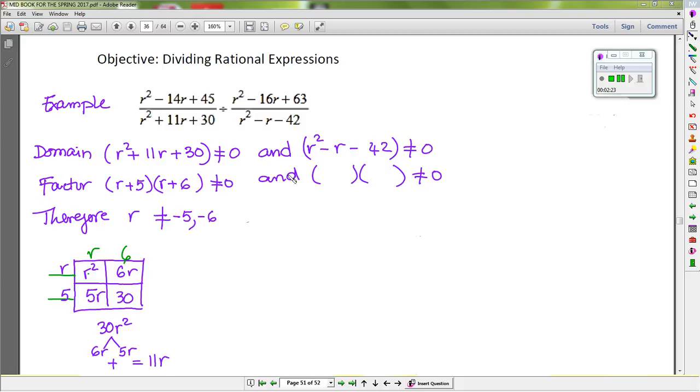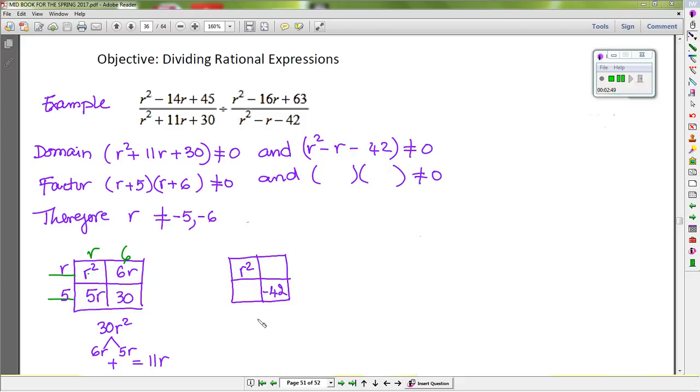Now I'm going to go to the next one. I'm going to get a box again for my second denominator, and put r squared in the top left corner, and then negative 42 in the bottom right corner of the 2 by 2 box.